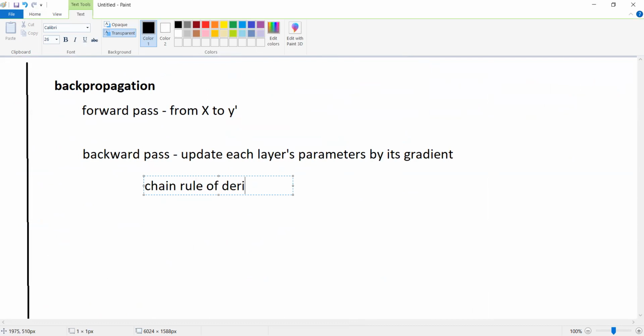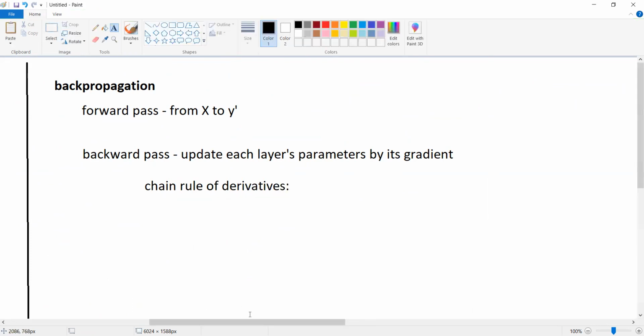Who knows what the chain rule of derivatives is? You guys must know this. I'm going to find it. Okay. Yeah.